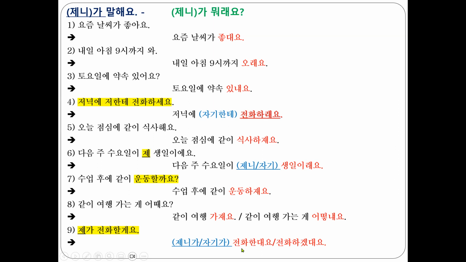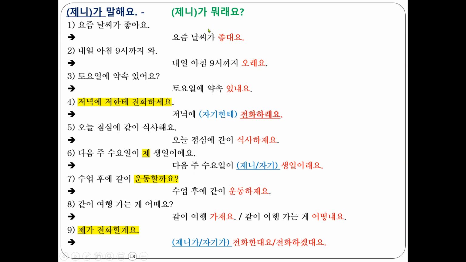제니가 전화한대요. Or if you want to add a sense of intention, then you can use 겠 here. 전화하겠대요. 제니가 전화하겠대요. 제니가 or 자기가 전화하겠대요.